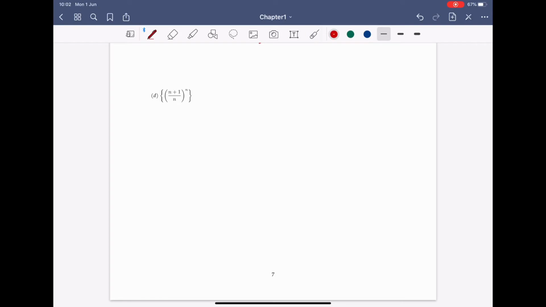Alright, this is the tough one. So let's look at it. We have the sequence n plus 1 over n raised to the n power. So first of all, we need to compute the limit as n goes to infinity of n plus 1 over n to the n. This is what we want to compute.